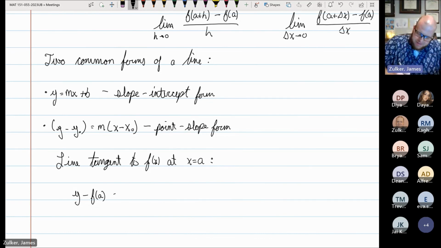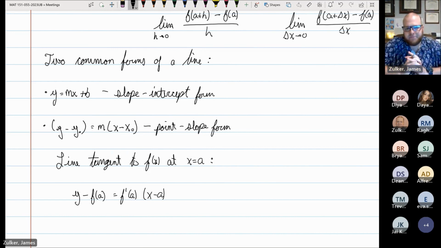We'll have y minus f of a is equal to the slope m, which is f prime of a, times x minus a. Right.